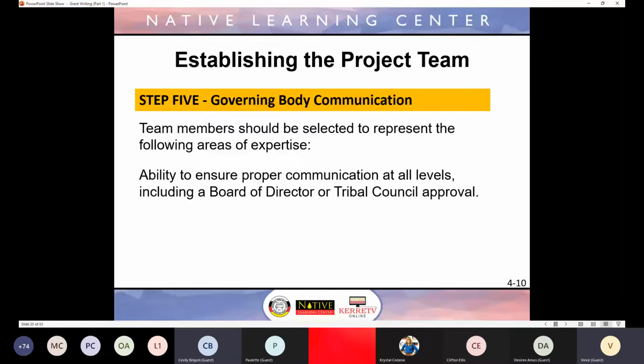The third hypothetical scenario would be tribal commissioners or directors from a TDHE or tribal council might not want you to pursue grant opportunities where PII, personally identifiable information, has to be provided.